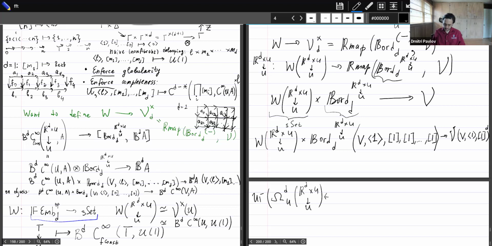And there are all those other terms here. This evaluation here will be V-indexed smooth families of D-dimensional Bordisms. So basically a picture looks like this. Let me draw a picture for dimension 2.